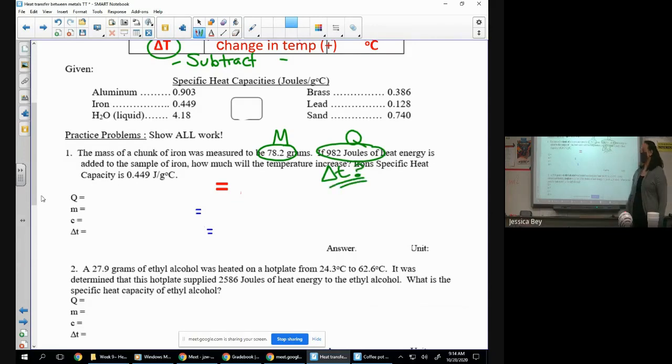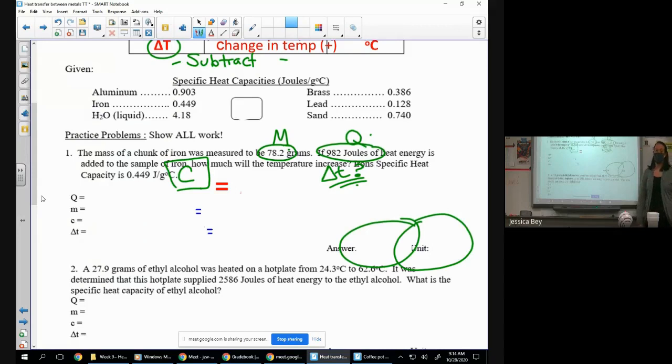And the specific heat capacity is 0.449 joules per gram degree Celsius, and that's C. So now I have Q is equal to M C, looking for my delta T. You just got to solve for that. You want to give me an answer and a unit. Okay, so you do need a calculator out.